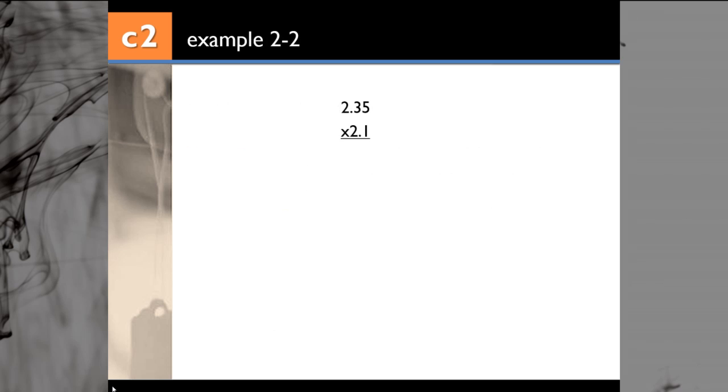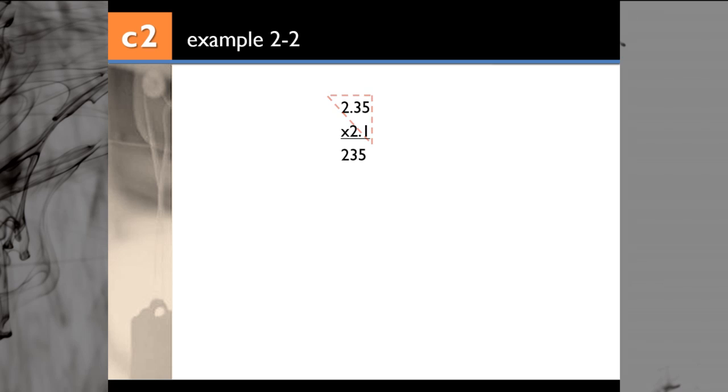So you have 2.35 and 2.1. Don't worry about the decimal point. You can just imagine that you simply multiply these two numbers, 235 and 21. You start by multiplying 235 and 1. When you multiply these two, that's going to be 235.